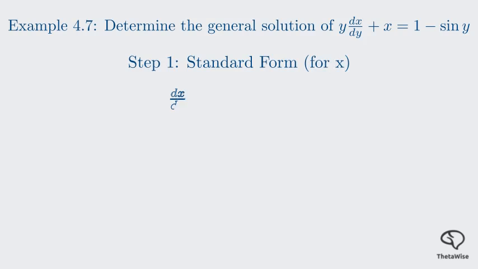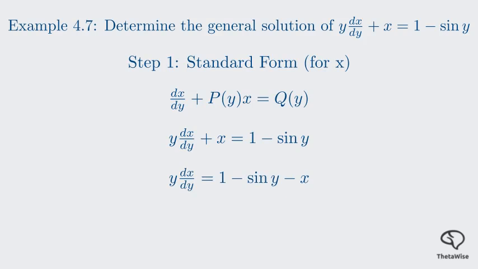Step 1. Standard form for x. Our new standard form is dx/dy plus P(y)x equals Q(y). Let's start with our given equation. To get dx/dy by itself, we first subtract x from both sides. This gives y times dx/dy equals 1 minus sine y minus x. Now we need the coefficient of dx/dy to be 1, so we divide everything by y.